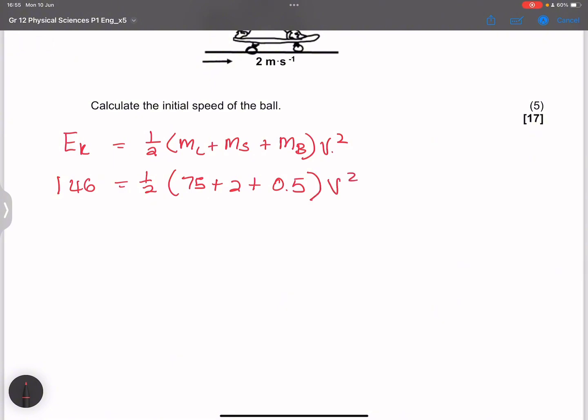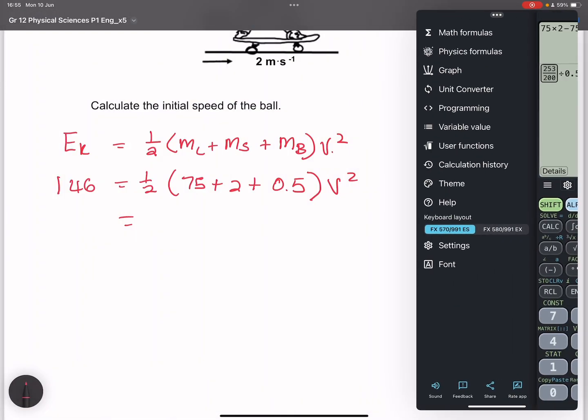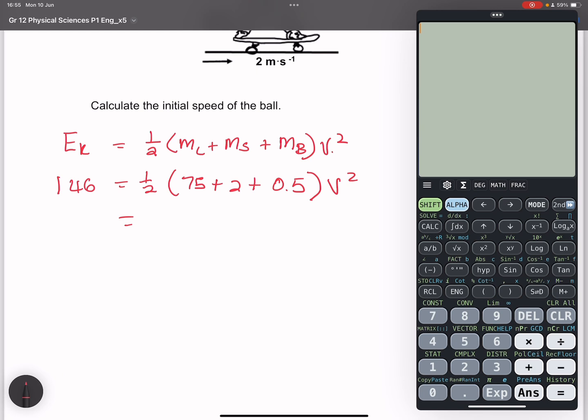Okay, so let's calculate that velocity. I'm going to say 146 divided by 0.5, which is that half, times 0.5 plus, so this is going to be 77.5, the sum of those masses.